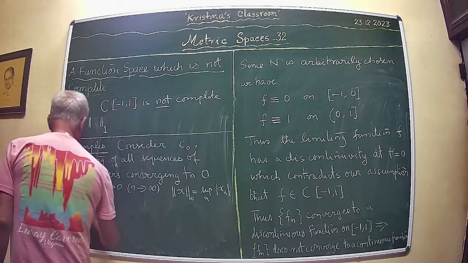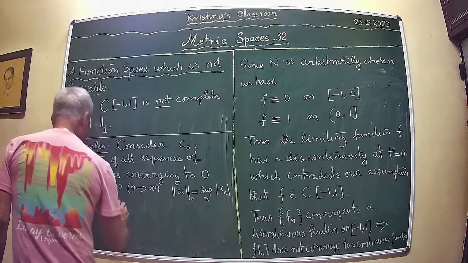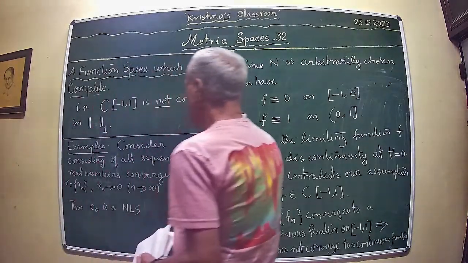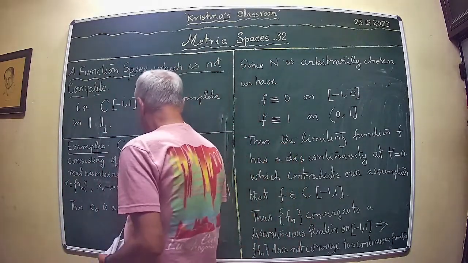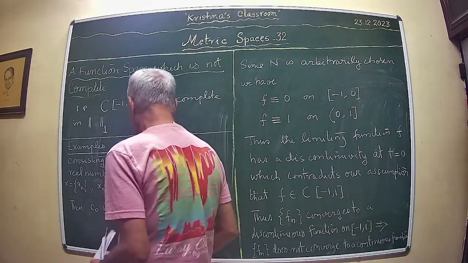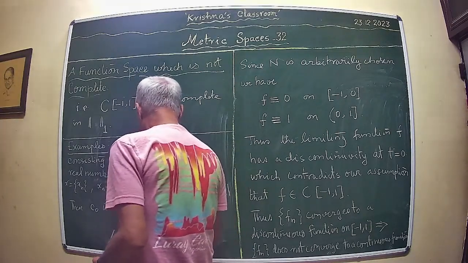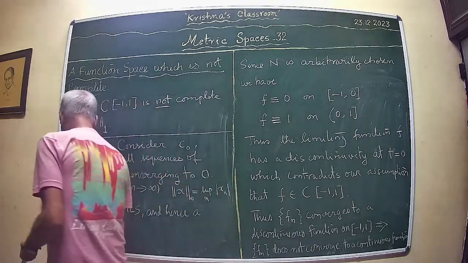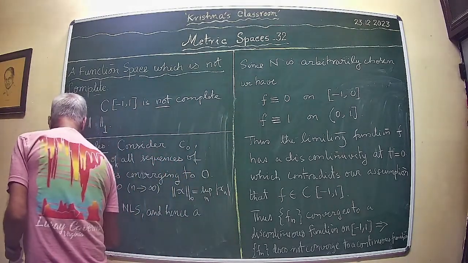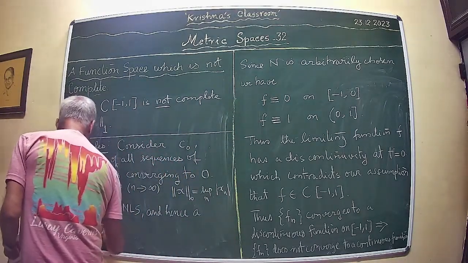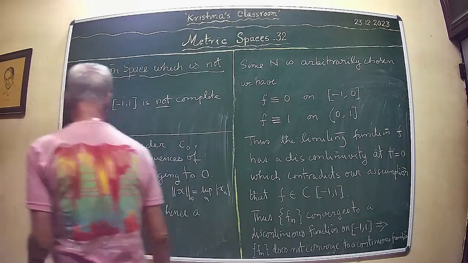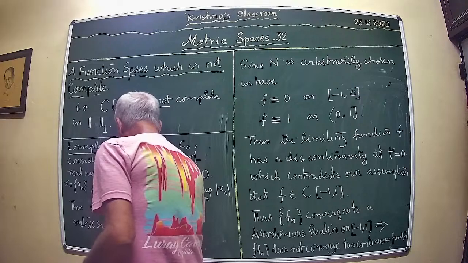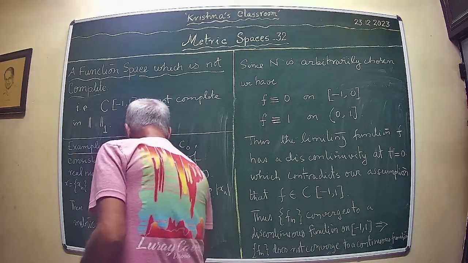Then C naught is a normed linear space, and one can prove that it is complete, and hence a complete metric space.